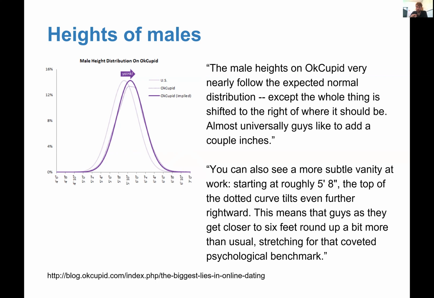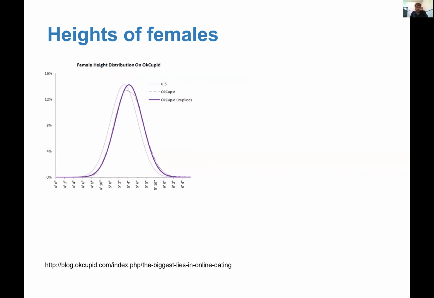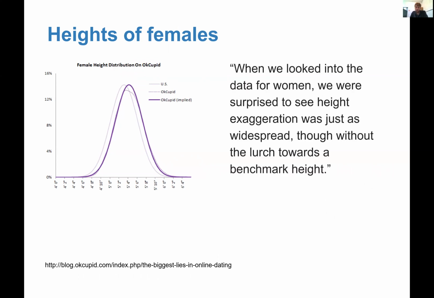You can also see how instead of it looking normal at the top, there's a rounding to 6 feet once you get pretty close to it. And then heights of females has a similar but not as strong thing as well. Okay, so that's just a little fun fact for you.